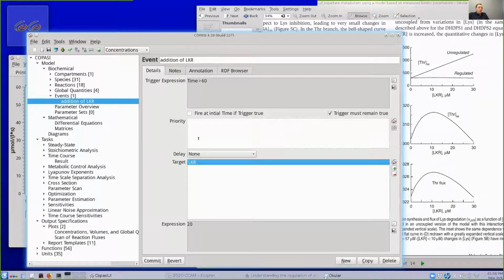Okay, so in the unlikely condition that 2 events get triggered at the same time, then the one that goes first may affect the second. So for that, we can assign a priority to this event, so that if another event happens, COPASI will pick the one that has the highest priority first.